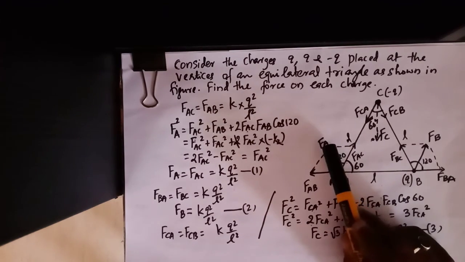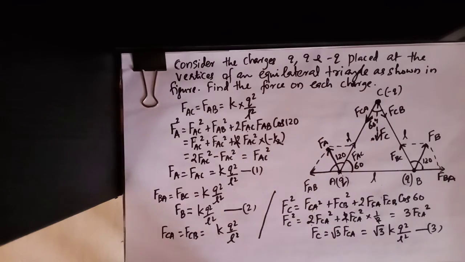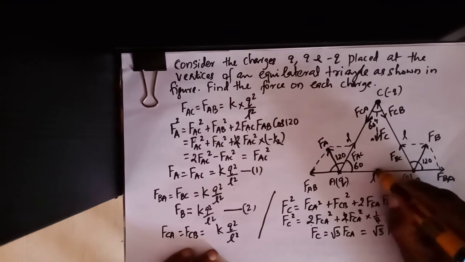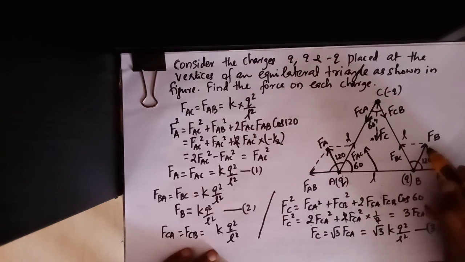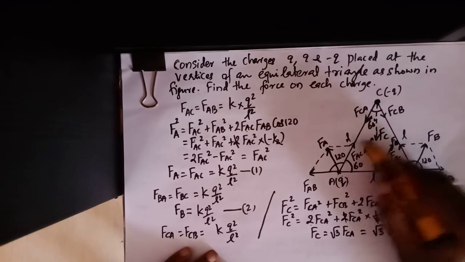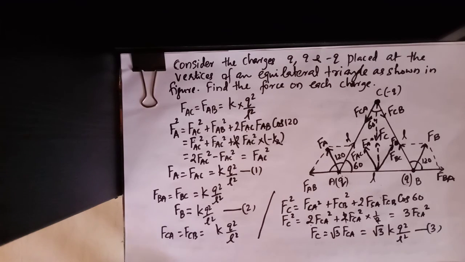When you add Fa and Fb, suppose I bring this vector to this point, this will be the direction of Fa. This vector also I will bring to the common origin, this will be equal to Fb. Okay, this is Fb and this is Fa. This will be the resultant of these two vectors. Both will be equal and opposite. We can prove that the sum will be equal to 0.